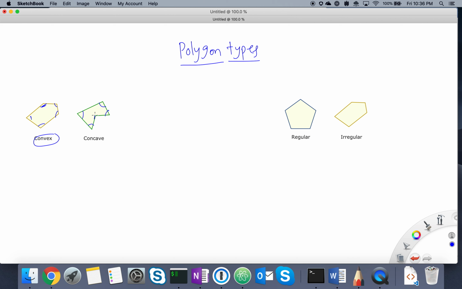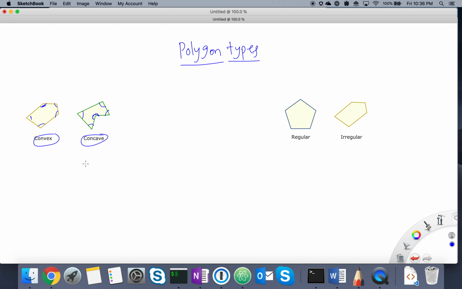But let's take a look at this angle here. This is more than 180 degrees because of the dent inward. Since this polygon has an angle that is more than 180 degrees, this is called a concave polygon. And that's between convex and concave.